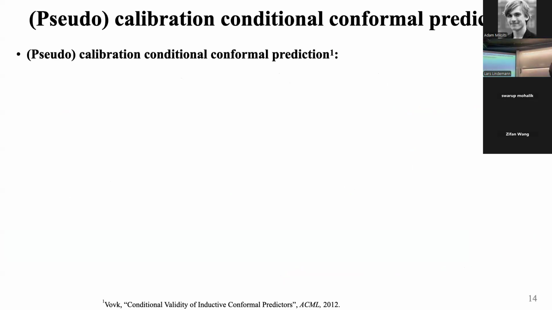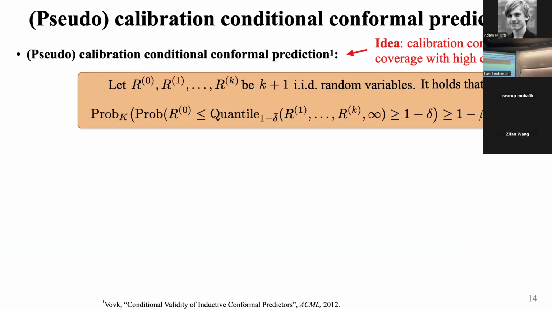And there's another variant of conformal prediction that I personally refer to as pseudo calibration conditional prediction, because you obtain these calibration conditional coverage guarantees with high confidence. And this may be familiar for some of you already who work on statistical learning theory.